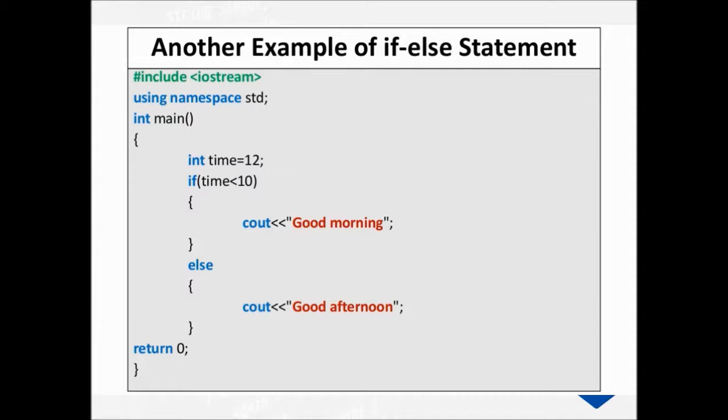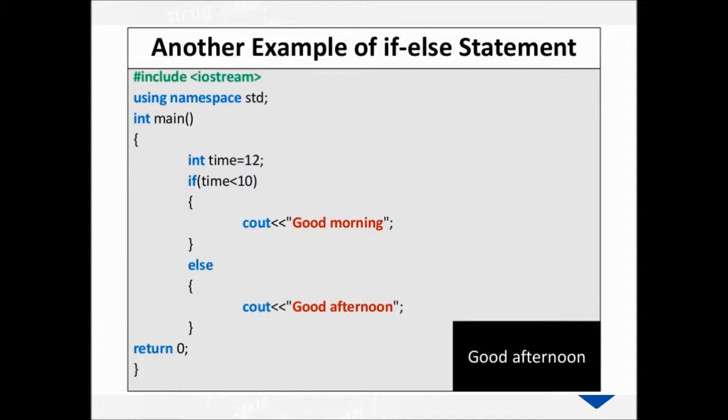So if time is less than 10, cout good morning, else cout good afternoon. When we execute our program, the output is good afternoon, because our condition time less than 10 becomes false, and the statement written under else prints good afternoon on the screen.